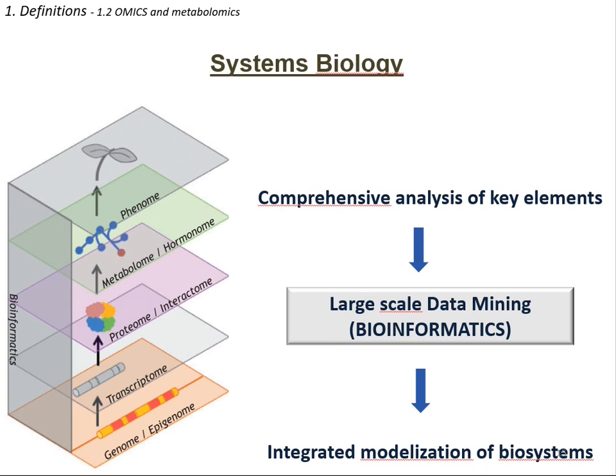And of course, the different steps in between are the transcriptome, this is the expression of the gene, and then the proteome, which is the translation of the transcriptome into actual proteins which will act physically on their cellular environment, and this will involve metabolites, and so the metabolome. And finally, this will result in the phenome, which is the full set of characters of an organism.